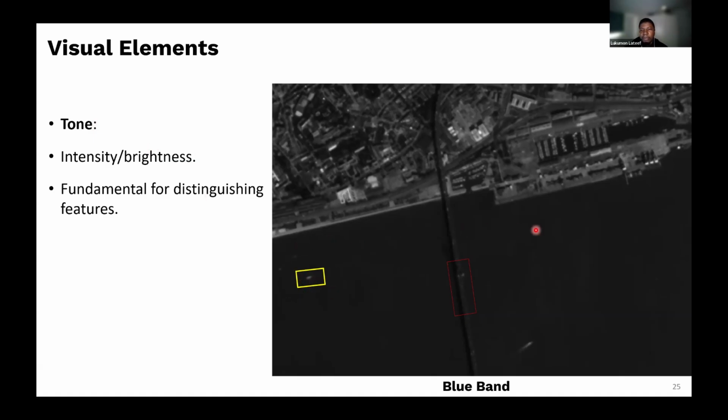Even here in the blue band, you can see the water is dark, but you can see some very bright objects in the water. These are some kind of ship or vessel, and they have different reflectance properties compared to the water, so they appear very bright. And as we have seen, buildings or built up areas have high reflectance in the blue band compared to vegetation or water bodies, so they appear very bright compared to the surrounding features.